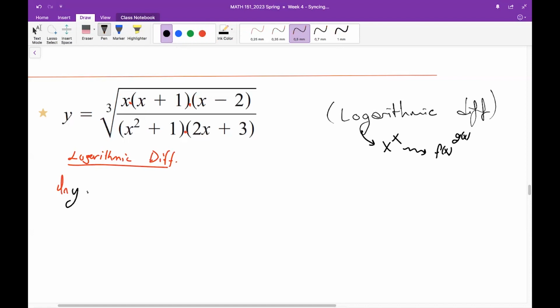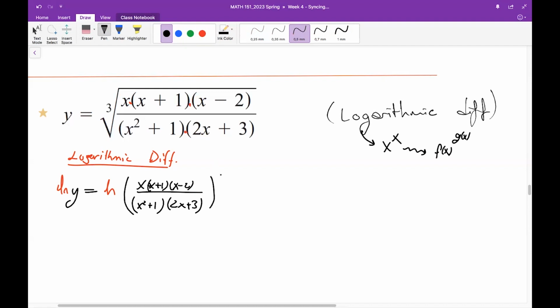Let me apply it. Applying logarithmic differentiation means putting ln in front of both sides, right? ln of this whole thing: x plus 1, x minus 2 divided by x squared plus 1, 2x plus 3. And instead of writing cube root, I want to write it as a power.